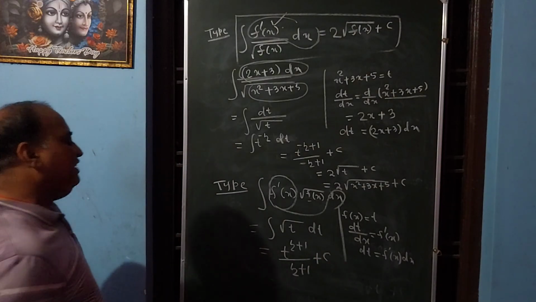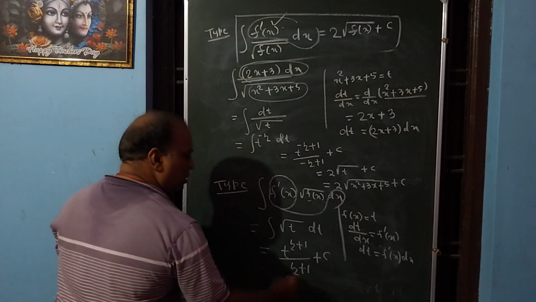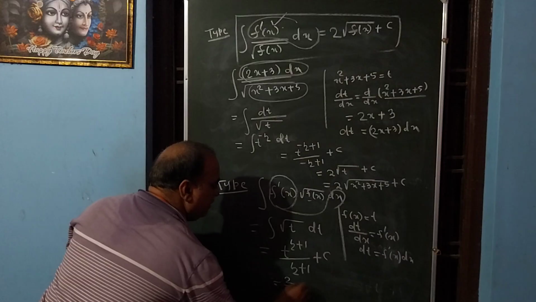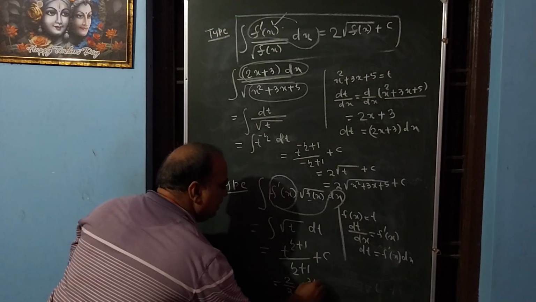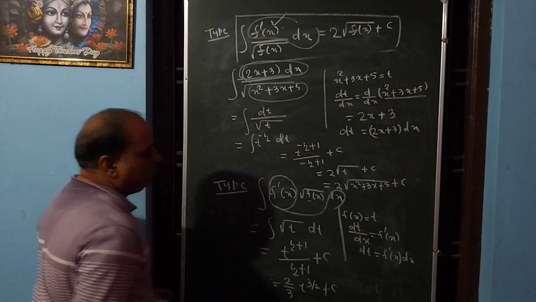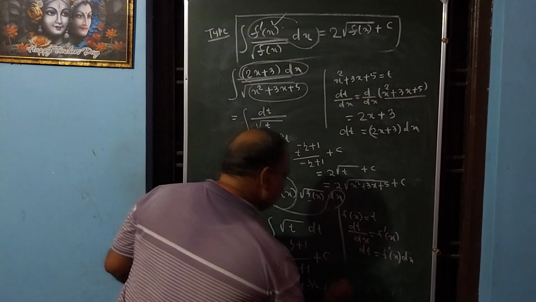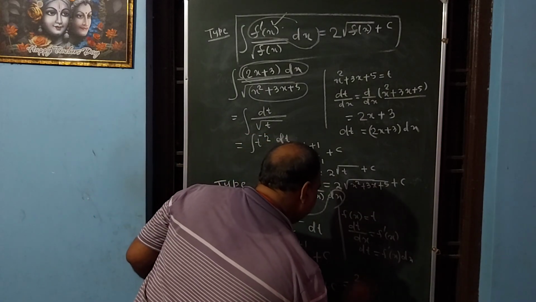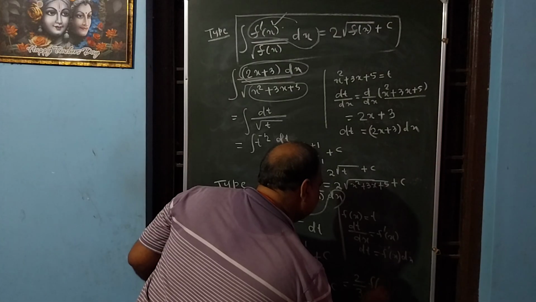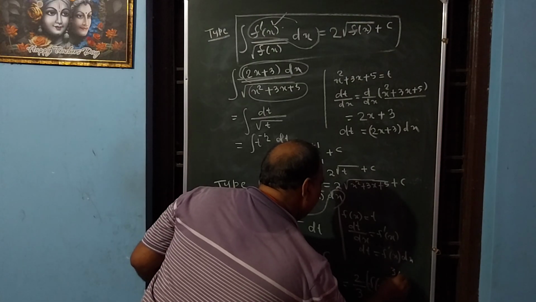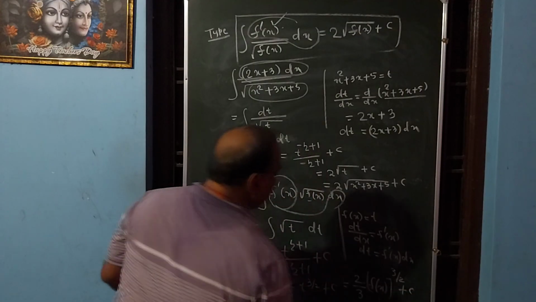So after simplification we get 2 by 3 t to the power 3 by 2 plus c. So in place of t we have to put fx. So we get 2 by 3 fx to the power 3 by 2 plus c.